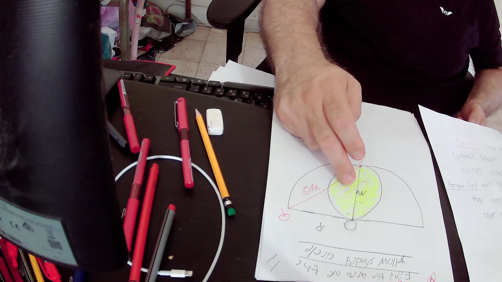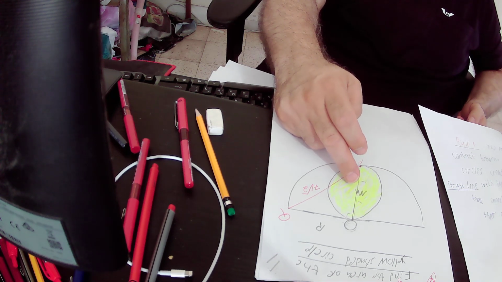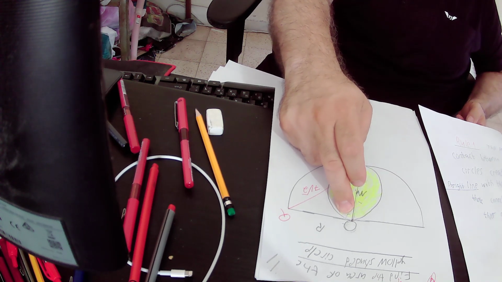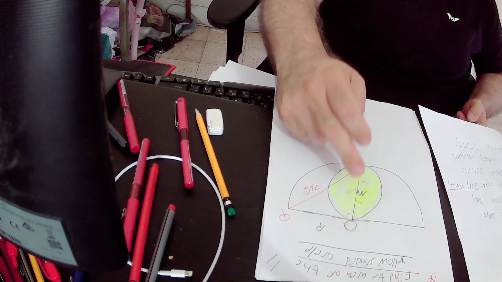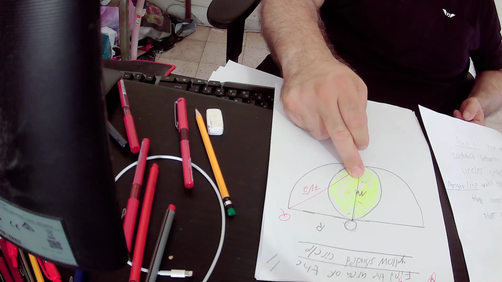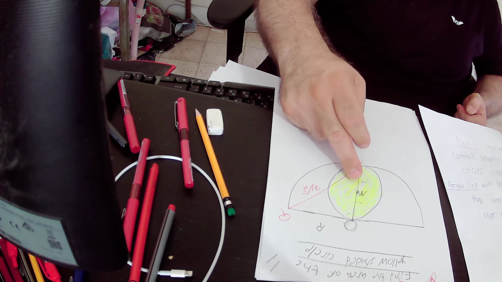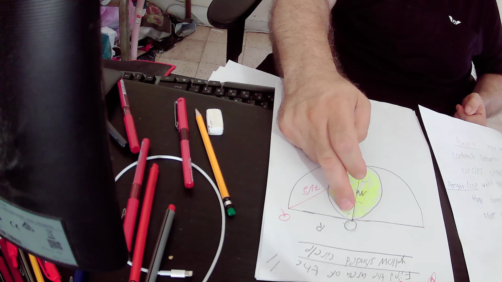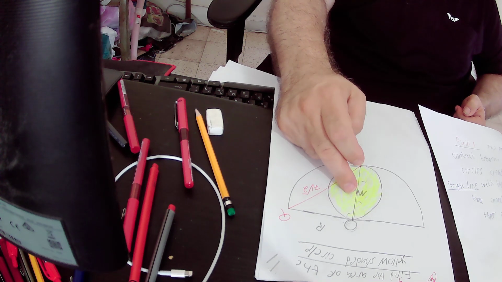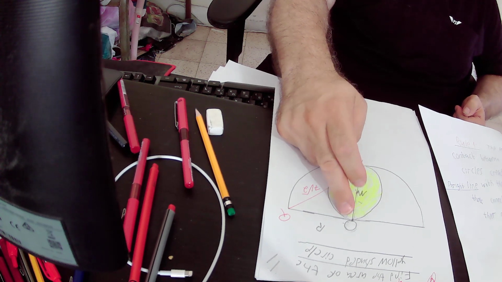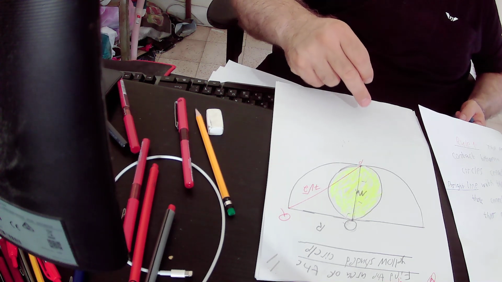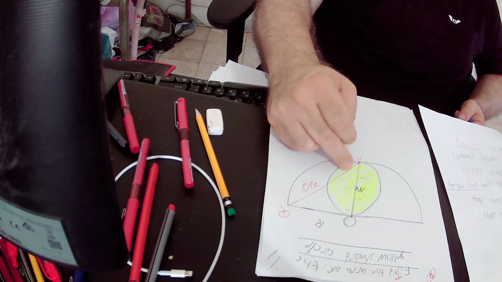The center of the yellow circle is at point M, and the center of the semicircle is at point O. And the rule states that PMO is a straight line.